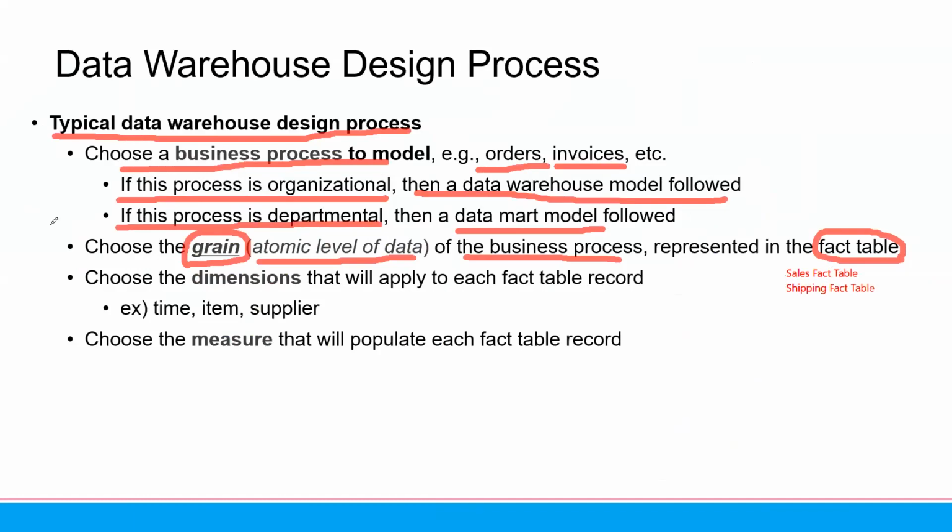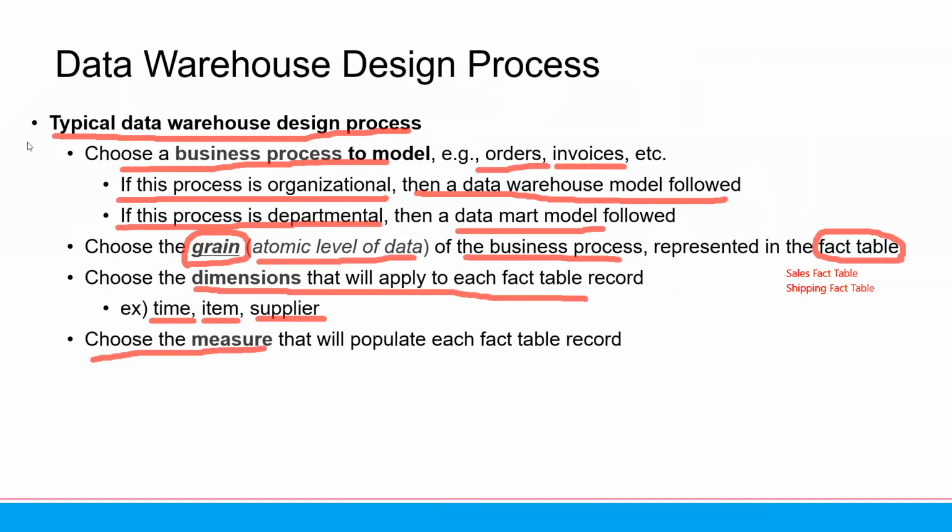Sometimes you can also choose the dimensions that will apply to its fact table. Let's say you know that I want to check the time, I want to check the product, and I want to check the supplier. So you can create the data warehouse based on this. Or you can choose the measure.